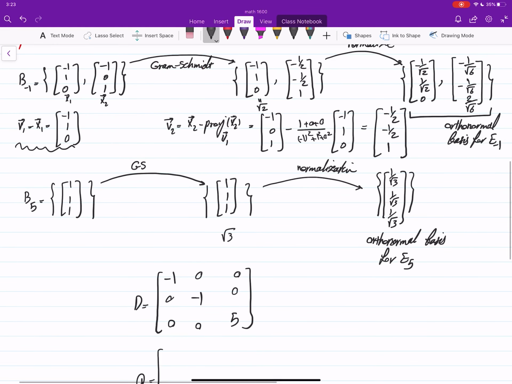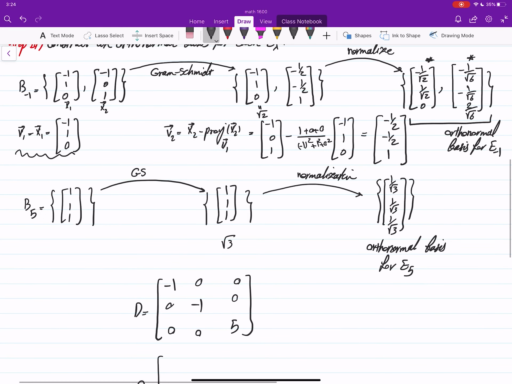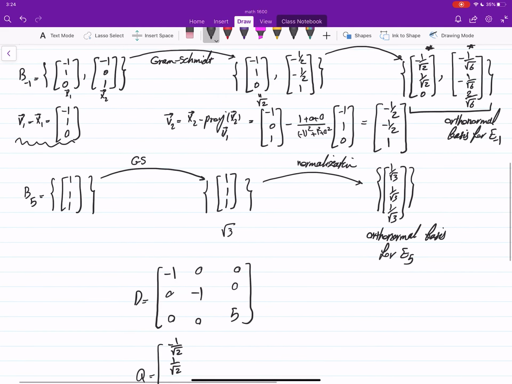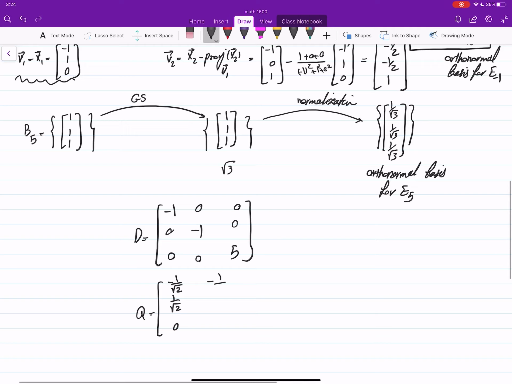Put the elements of the orthonormal basis for each eigenvalue in the columns, corresponding to their eigenvalue. For negative 1, I have 2 of those: negative 1 over root 2, 1 over root 2, 0. The other one is negative 1 over root 6, negative 1 over root 6, and 2 over root 6.